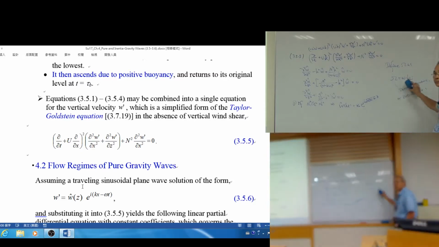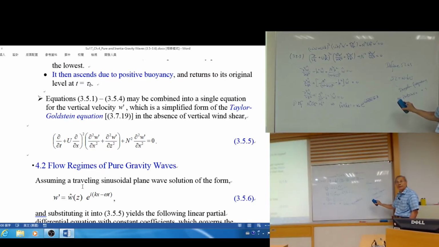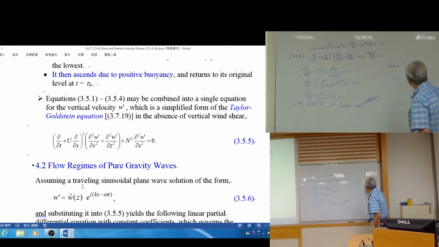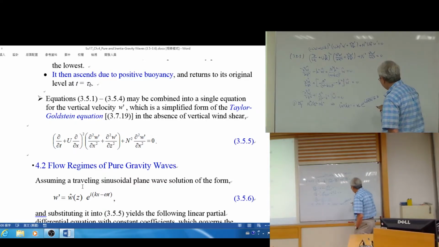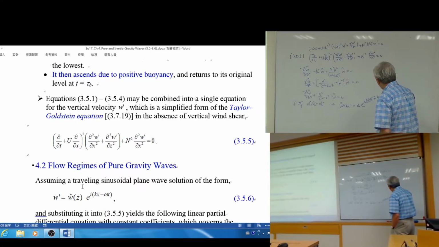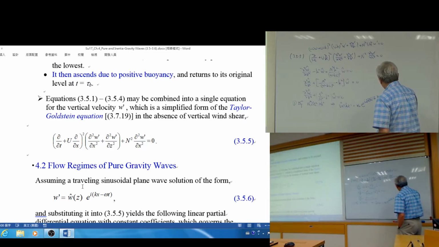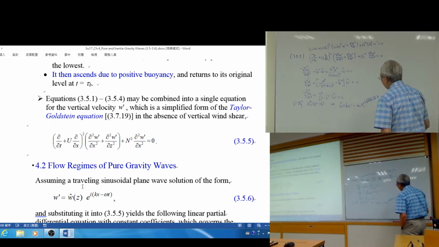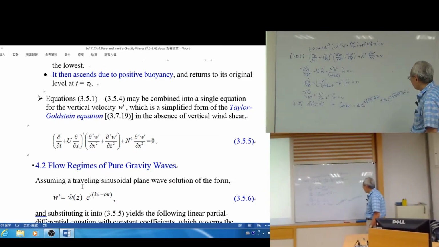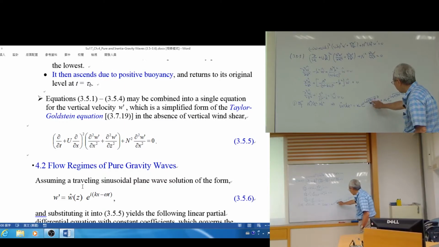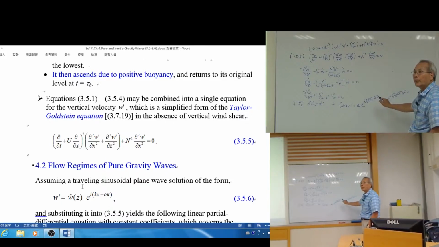Everybody got this? Yes? Okay, good. Then the second term will be W naught e to the minus i, same square root, N squared over Omega squared minus k squared, times z. And this is positive, so inside is positive and the square root is a real number.